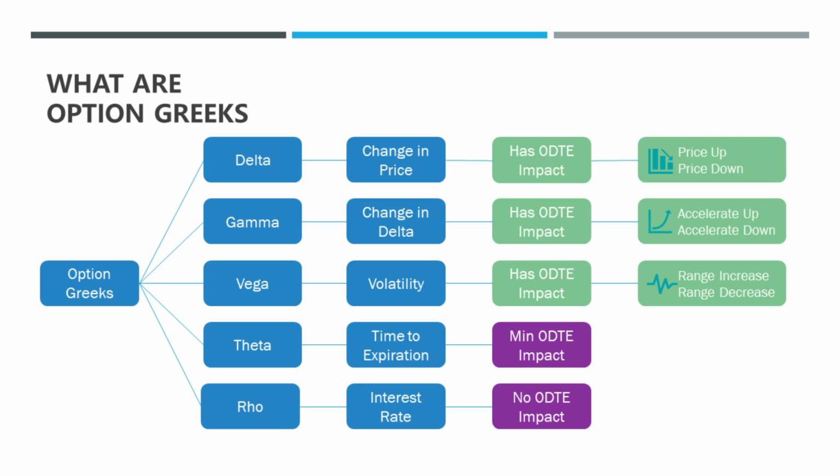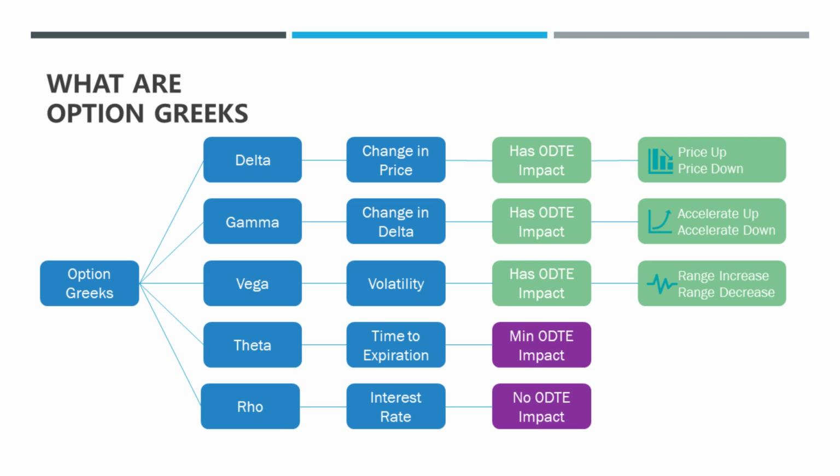So what that really means from the zero DTE perspective is there are only three primary components that we mostly focus on, which are delta, gamma, and vega, right? Because theta on the last day of expiration has essentially no impact. You're down to the minimum theta value, and rho essentially has no impact at all.